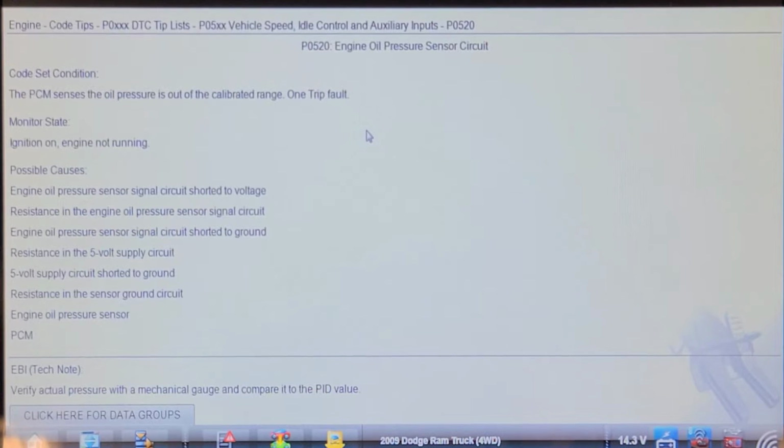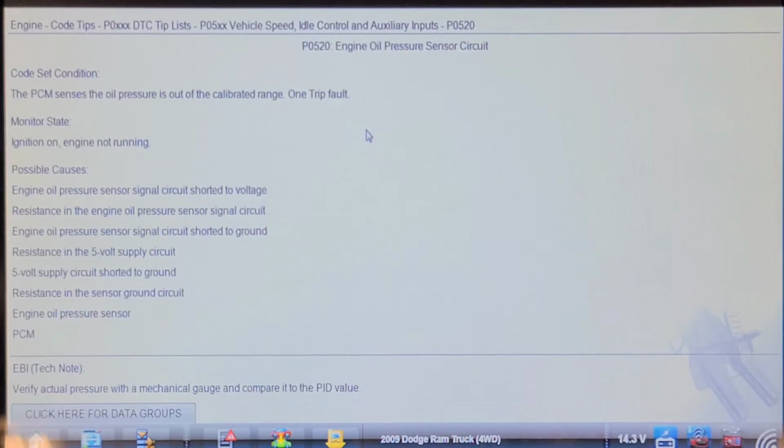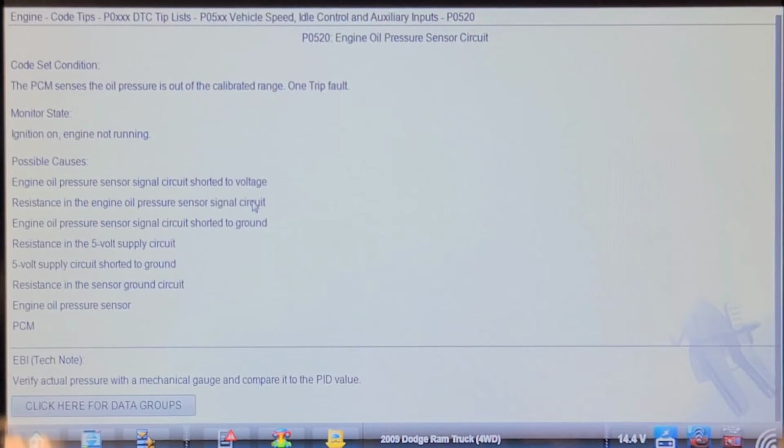Possible causes: engine oil pressure sensor circuit shorted to voltage, resistance in the oil pressure sensor signal wire, oil pressure sensor signal shorted to ground, resistance in the 5-volt supply, resistance in the sensor ground circuit, oil pressure sensor, or the PCM. Verify actual oil pressure with a mechanical gauge and compare it to the PID value.